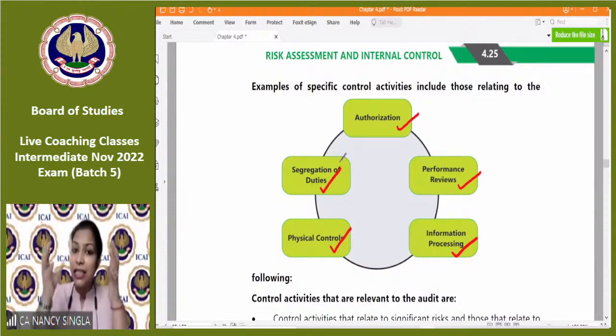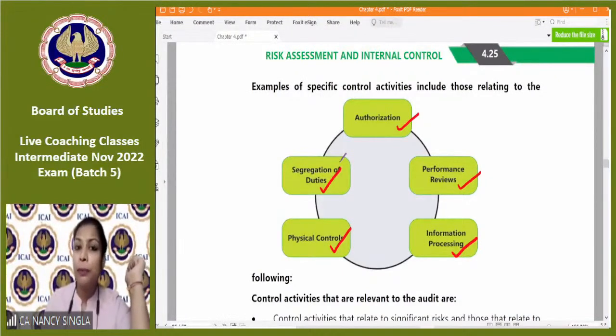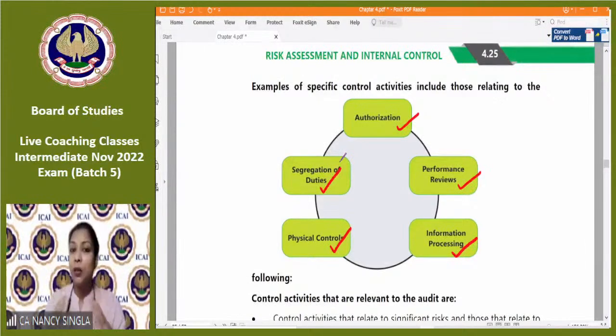Unless and until these control activities are followed properly by the personnel, by the organization, the internal control cannot work effectively. So we as auditors, when we are trying to understand the internal control, we need to obtain an understanding about the control activities also.